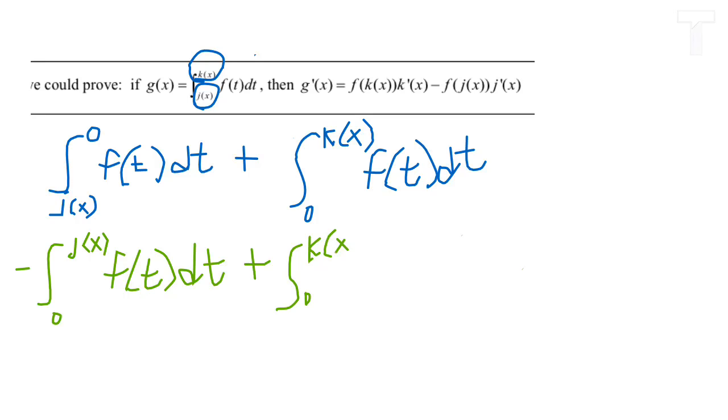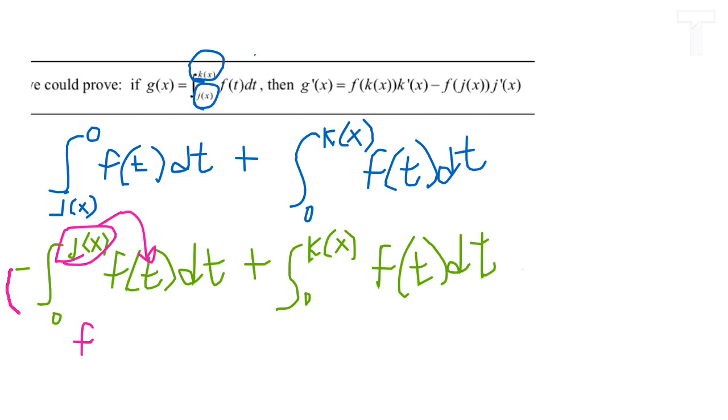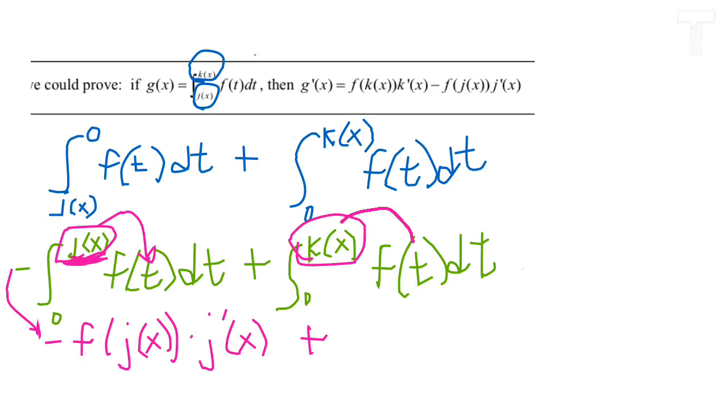And then I know that I'm supposed to plug the expression in and take the derivative. So on this very first one, I would be plugging this in. So I would have, keeping the negative out front, of course, f of j of x times the derivative of my expression, which would be j prime, plus, and then same issue over here, I would plug that in.